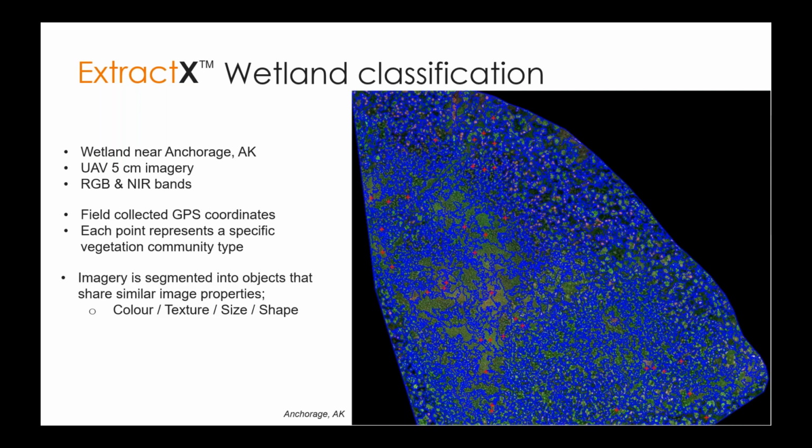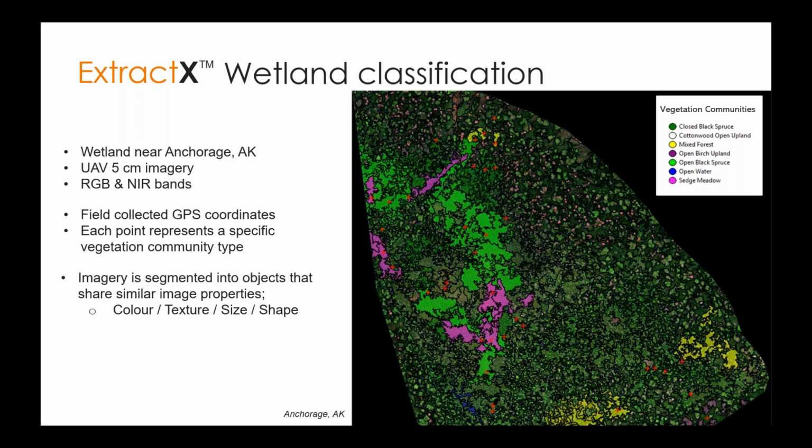Then I was able to take that imagery and run it through our ExtractX segmentation process. We're breaking the image down by color, texture, size, and shape. Then we're actually training the software. Okay, this is what an open black spruce looks like statistically based on color, texture, size, and shape. This is what a closed black spruce stand looks like.